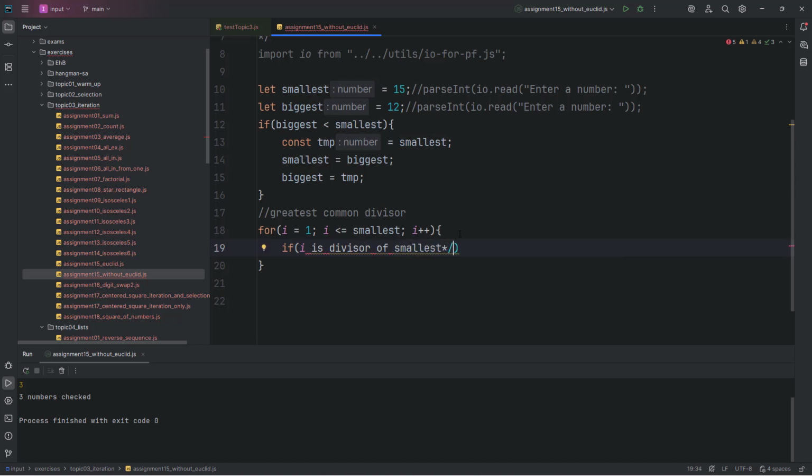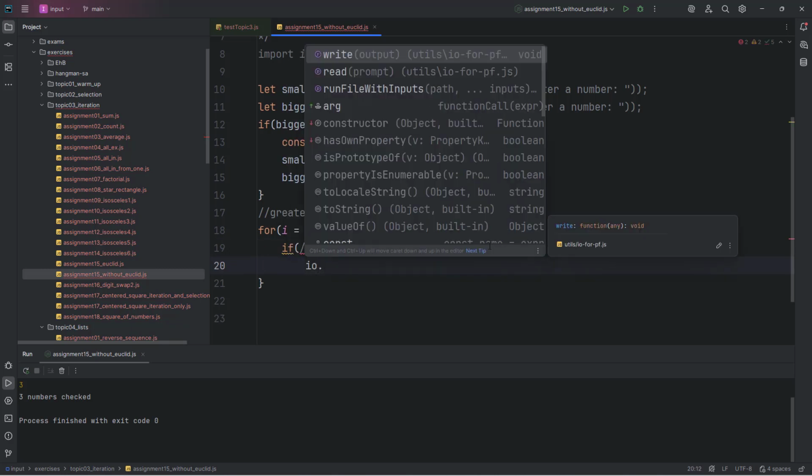So if, and I don't know what to do here, so I'm just writing it in plain English: if I is a divisor of smallest, print I. And I can write this in JavaScript immediately.